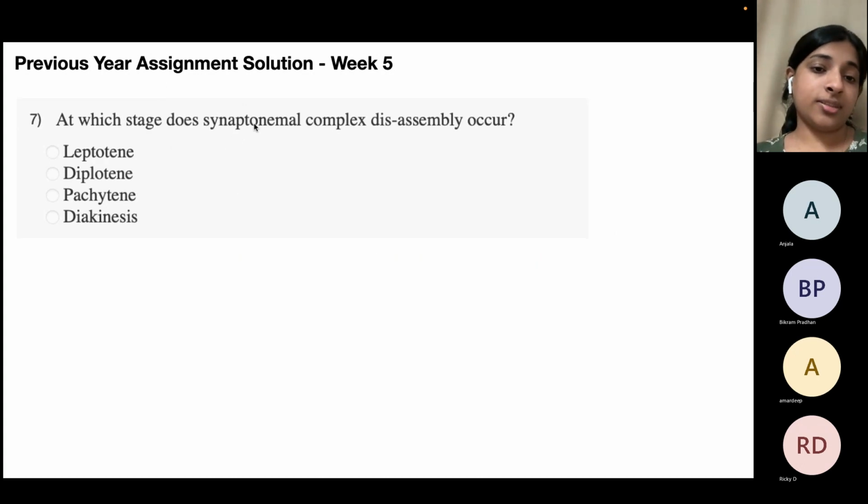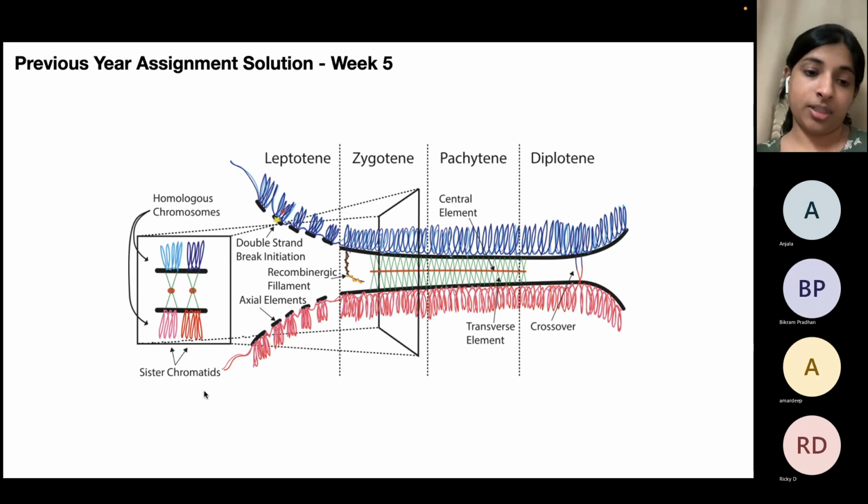At which stage does the synaptonemal complex disassembly occur? Again, looking at the same representative image, we can see that the termination of the synaptonemal complex happens in the diplotene. Here, the strand exchange has happened, homologous recombination is complete, and now the chromosomes have started to again separate from each other so that they can move towards two different daughter cells.